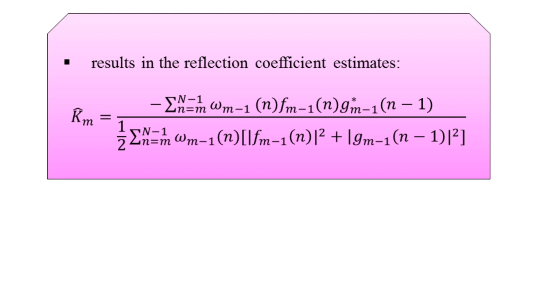This is for the normalization. The summation is for n equal to m to capital N minus 1 of W suffix m minus 1 of n multiplied by the square bracket that has the first term magnitude squared of f suffix m minus 1 of n, further added to magnitude squared of g suffix m minus 1 of small n minus 1 here.